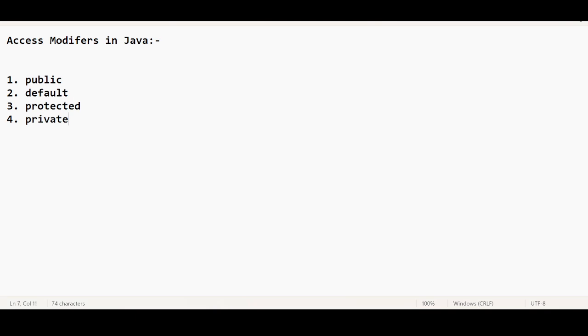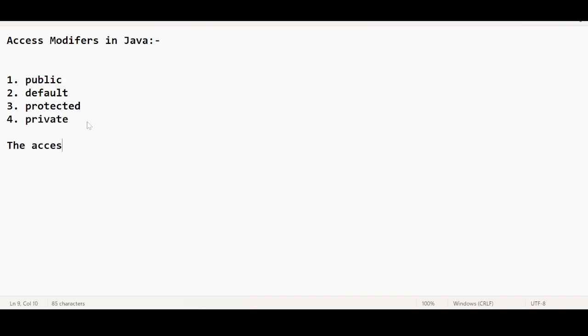Let us understand the behavior of the access modifier public. When I talk about public, Java has created some space for visibility or accessibility. Let me put that in theory for better understanding.